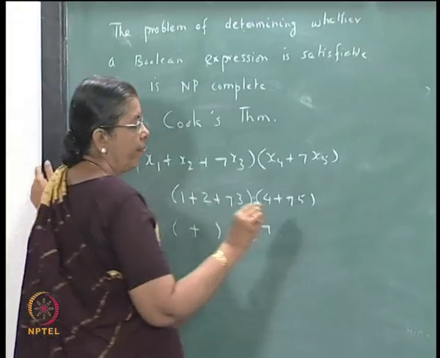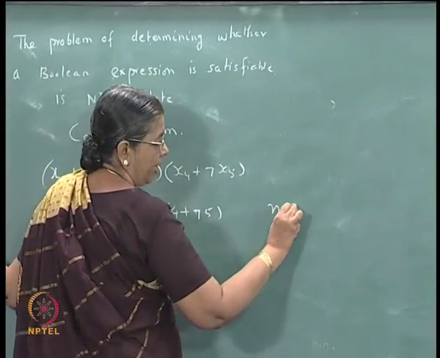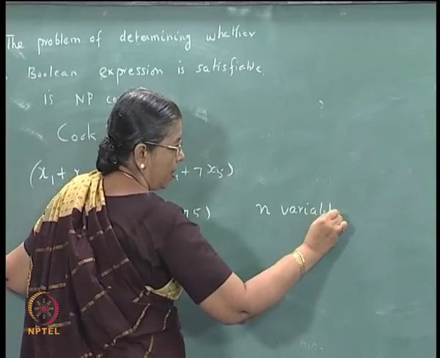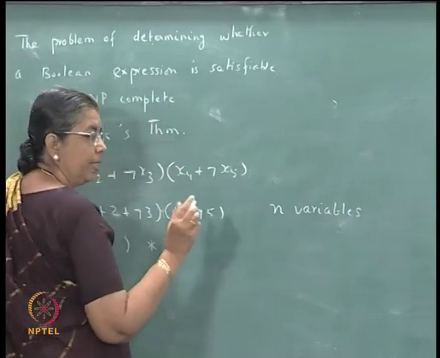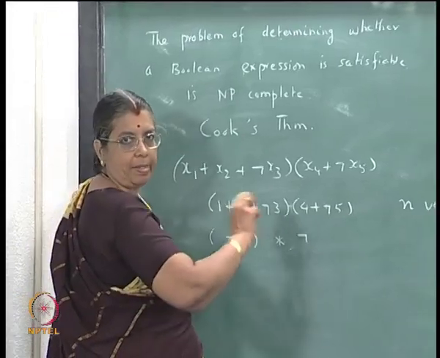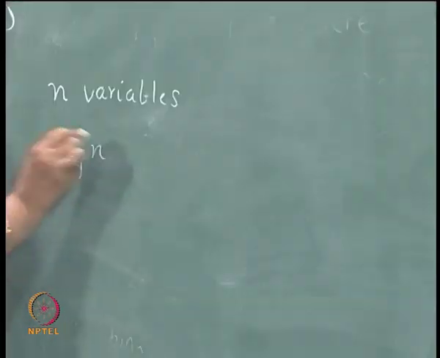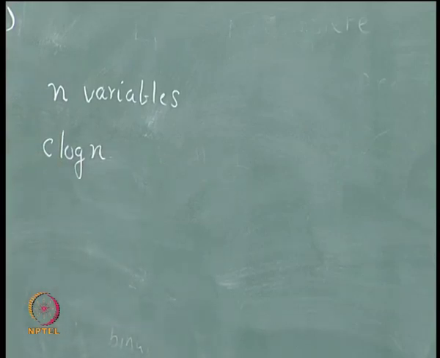Now, if you have n variables, to represent each one of them in decimal or something like that, you require something like C log n bits.